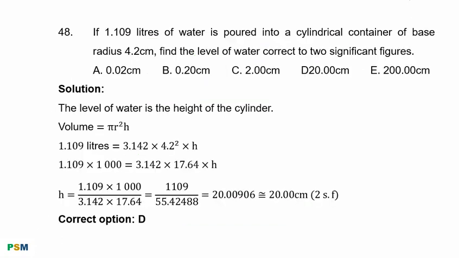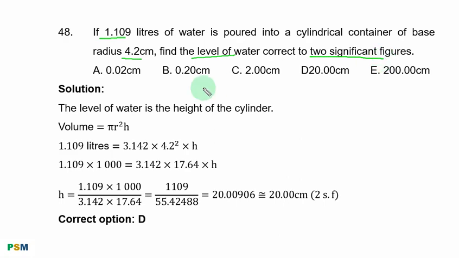Question 48. If 1.109 liters of water is poured into a container in form of a cylinder of base radius 4.2 cm, find the level of water correct to 2SF.